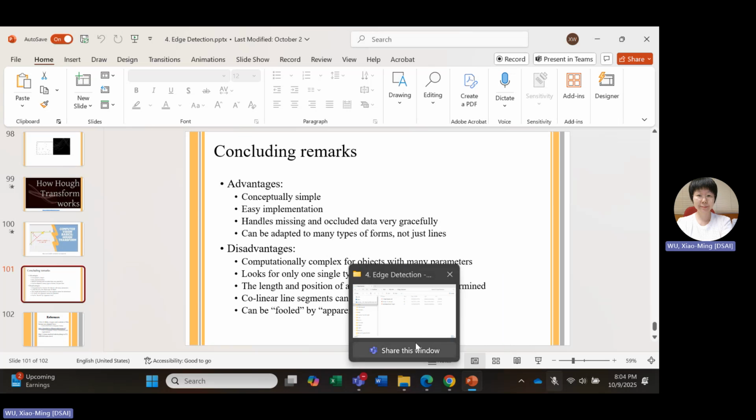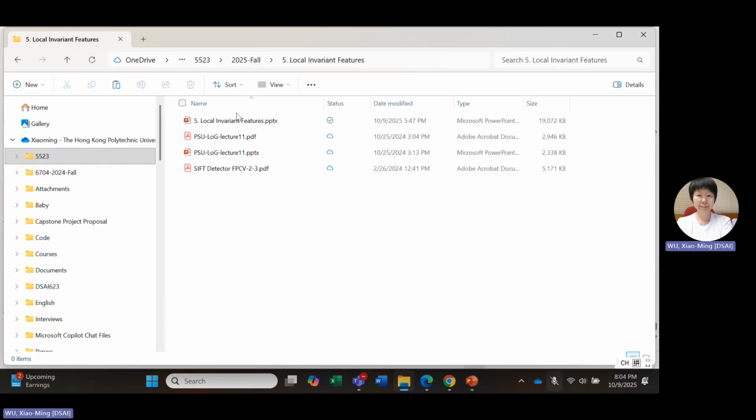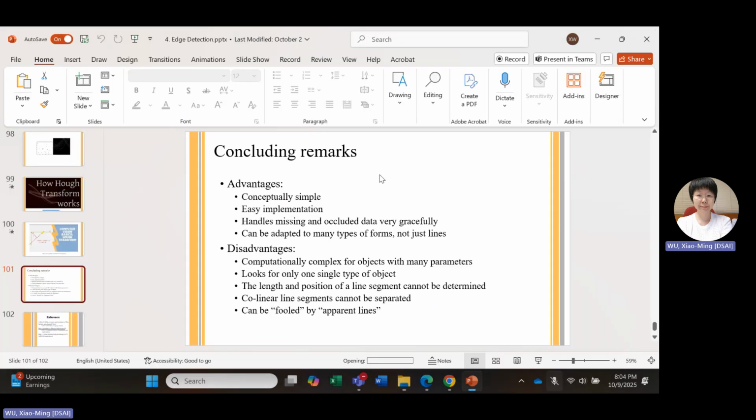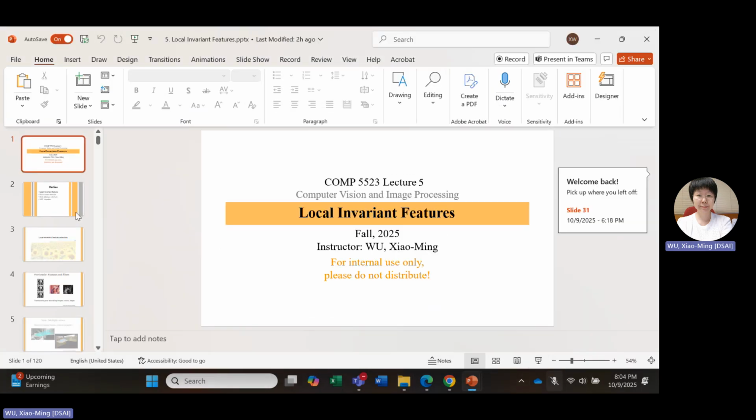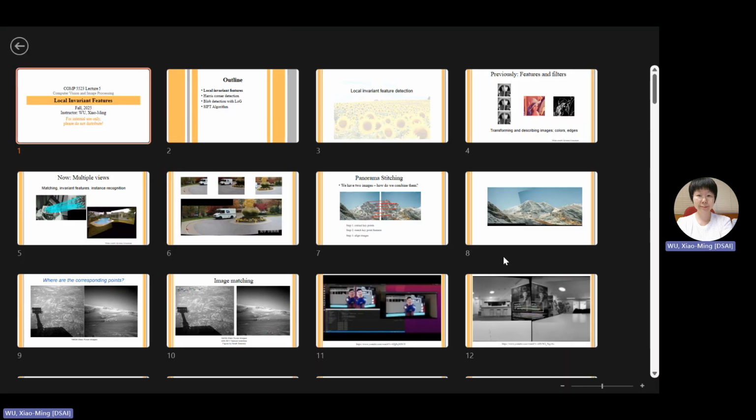So we have 20 minutes left. Let's move to study chapter 5, local invariant features. In this chapter, we want to introduce the SIFT algorithm.